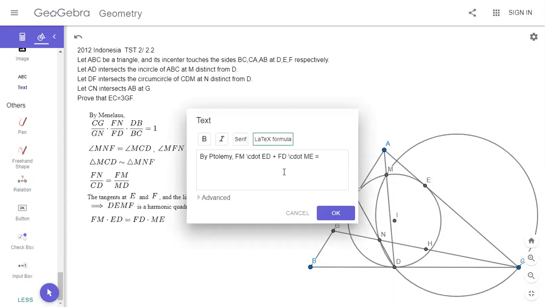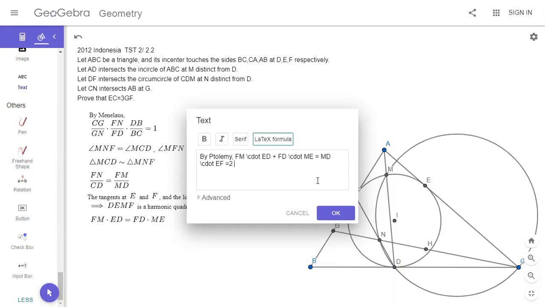So that's MD times EF. But those two things in the beginning are equal. So that's 2, what am I doing here? 2 FM times ED.